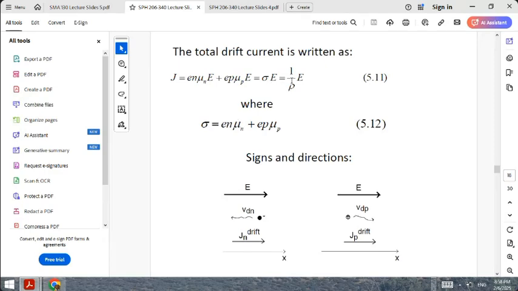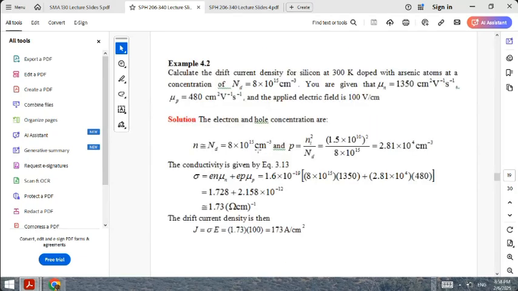So this sigma is what we call conductivity. And we also relate conductivity with what we have had before in secondary school, resistivity. Conductivity is the reciprocal of resistivity.